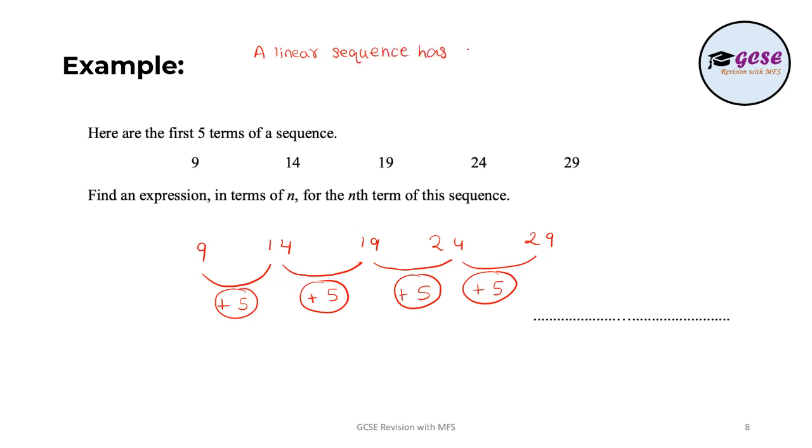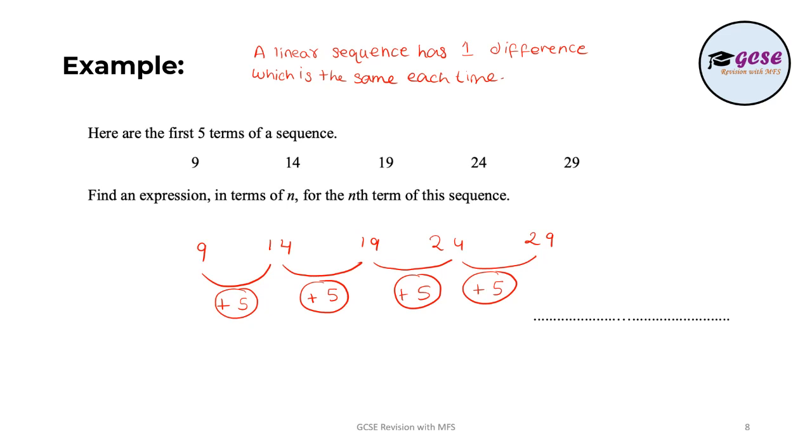Okay, so a linear sequence has one difference, which is the same each time. Now, as you can see, it's plus 5, plus 5, plus 5, and plus 5. This plus 5 is your coefficient of n.